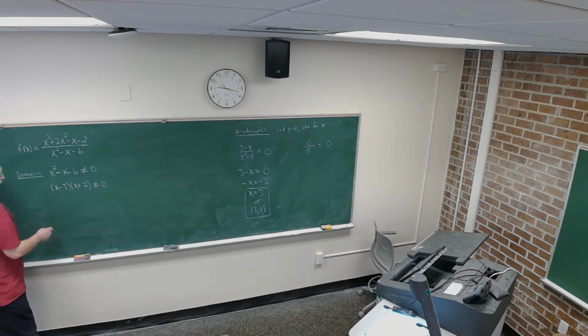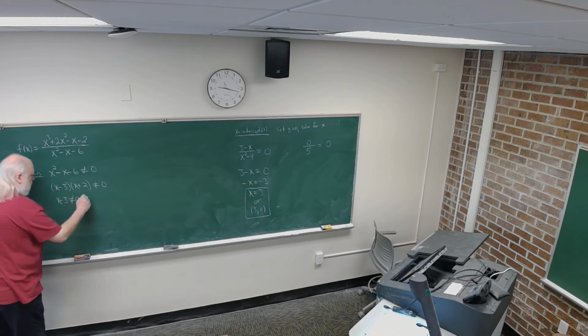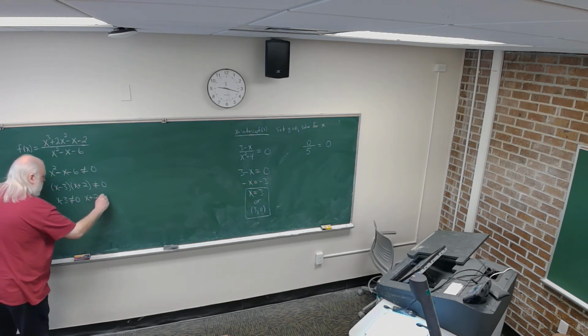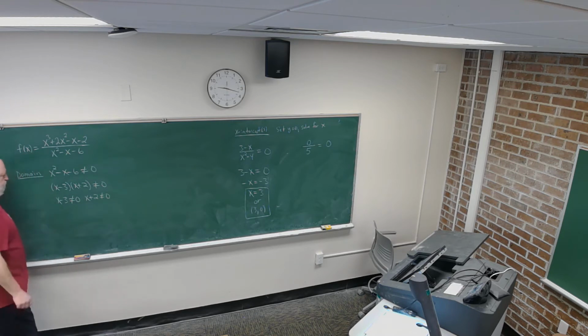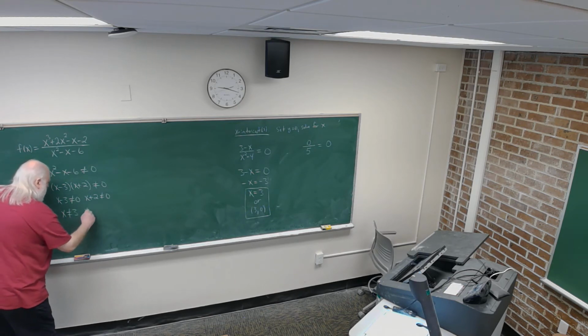So if this product cannot equal 0, that means x minus 3 cannot equal 0, and x plus 2 cannot equal 0. Then solving each inequality, we get x cannot equal 3, and x cannot equal minus 2.